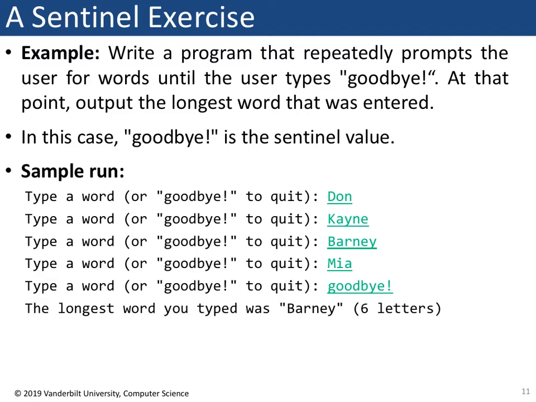They type Dawn, it asks them for another word, Kane, another word, Barney, another word, Mia, another word, and then finally they type goodbye followed by exclamation mark, and this loop will print out which word was the longest that they typed. In this case, it was Barney. Notice, actually, goodbye is longer than Barney.